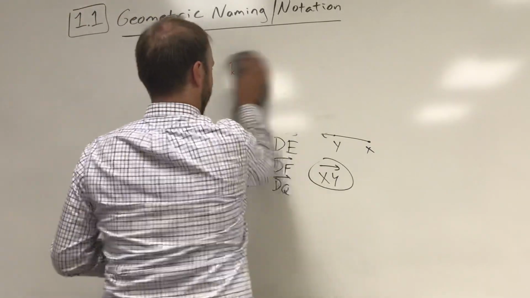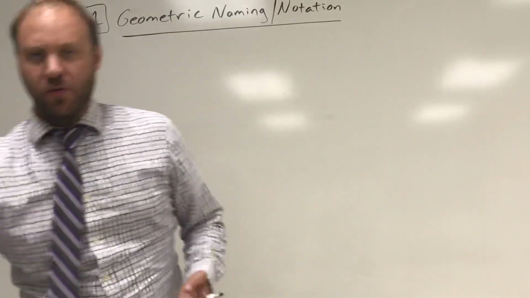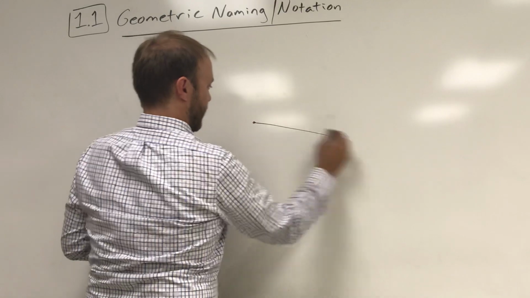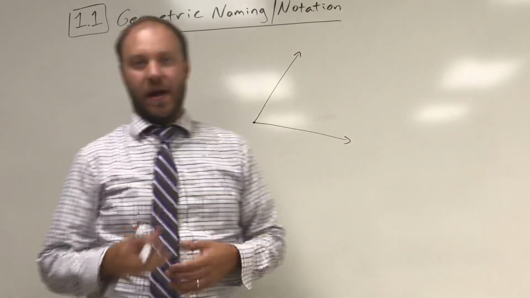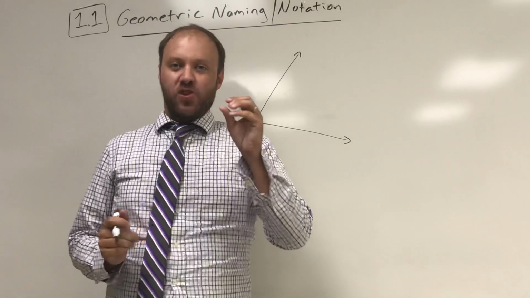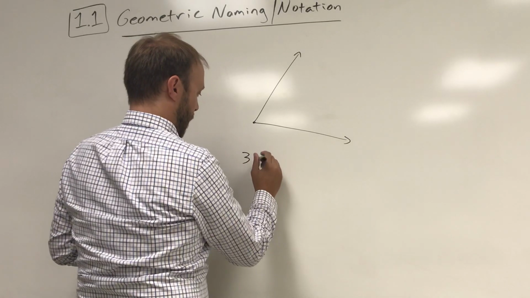Let's talk a little bit about angles. Section 1.2, we're going to focus really heavily on angles. So angles are actually made up of 2 rays that come together. So maybe I could have a ray that does this and a ray that does this. An angle is normally named by 3 points.